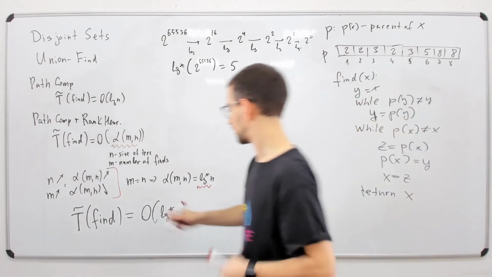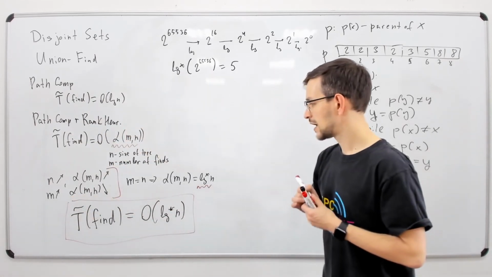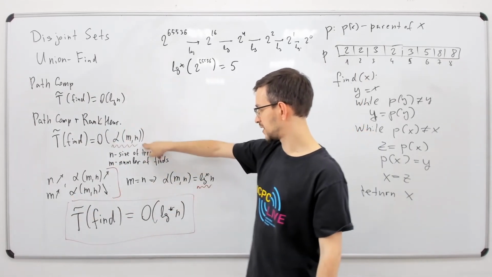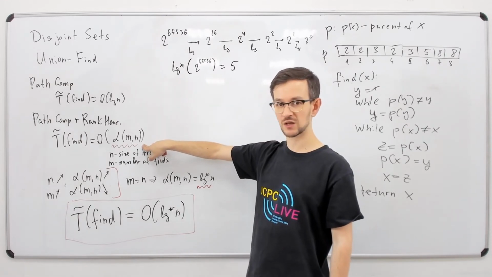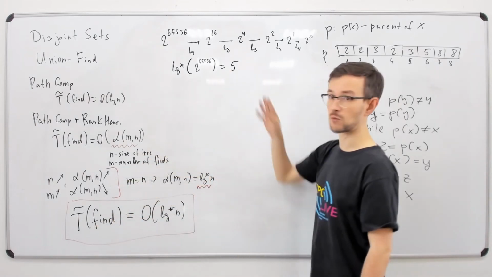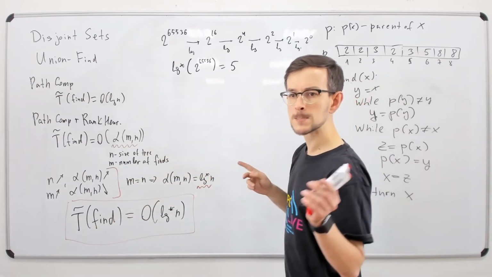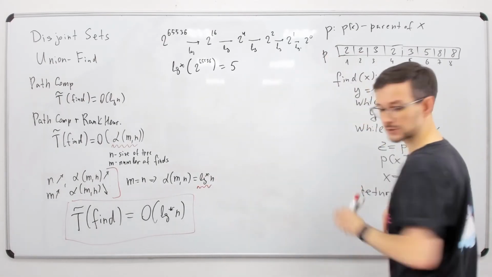That's what we'll prove right now. It's not as fun as the upper bound with the inverse Ackermann function, because that is much more interesting, but it's good enough. So we will prove that the time complexity is pretty small. Cool. So let's go.